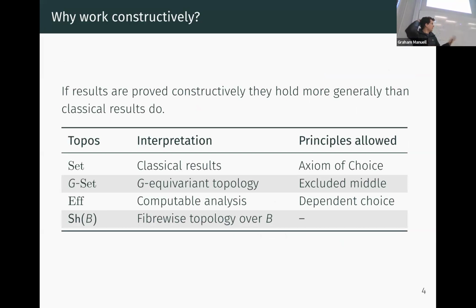So the frames correspond to frames equipped with a frame morphism from the initial one. So they correspond to external frames, but equipped with a map from the thing you started with. So in terms of locales, it's a map from X to B. So this is a bundle over B.